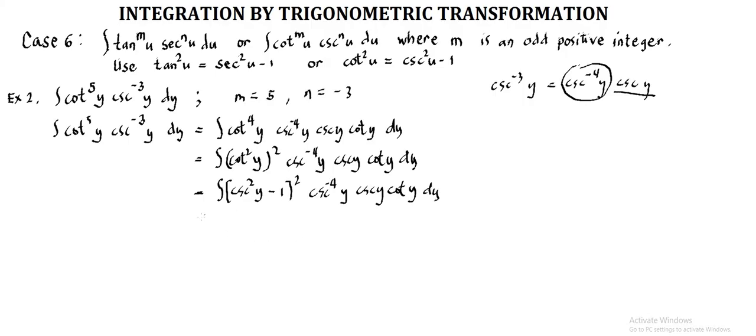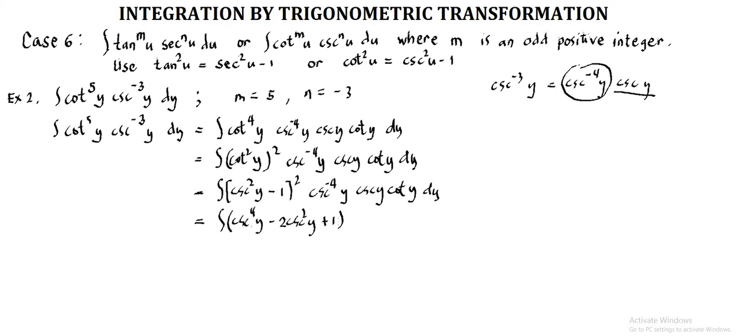Tapos, expand natin itong cosecant squared of y minus 1 squared. So, magkakaroon tayo ng cosecant to the fourth of y minus 2 cosecant squared of y, and then plus 1.